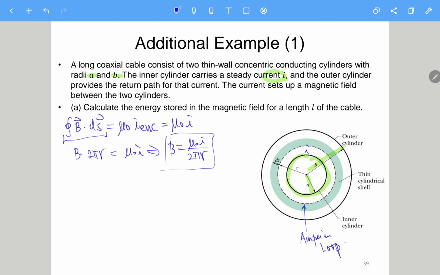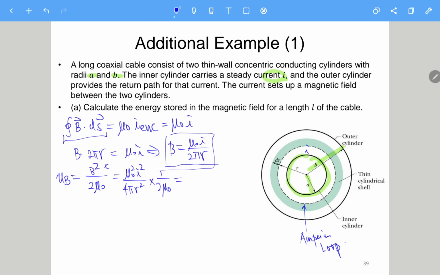Then here we would like to calculate the small u_B, the energy density, which is B squared over 2 mu naught. So we can plug this in: mu 0 squared I squared over 4 pi squared r squared, times 1 over 2 mu naught.